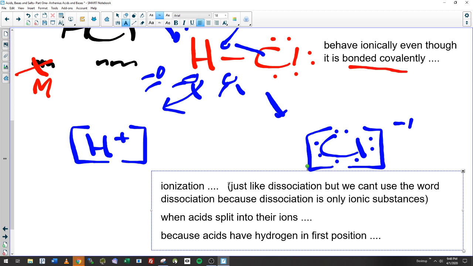Ionization, the product is the same, the end result is the same. You're going to have mobile charged ions that are able to conduct electricity, but the process in which this happens is very different than the process in which it happens with dissociation. Dissociation is kind of like getting in your car and driving to the mall. We are all going to get to the mall, but I'm going to take a different route.